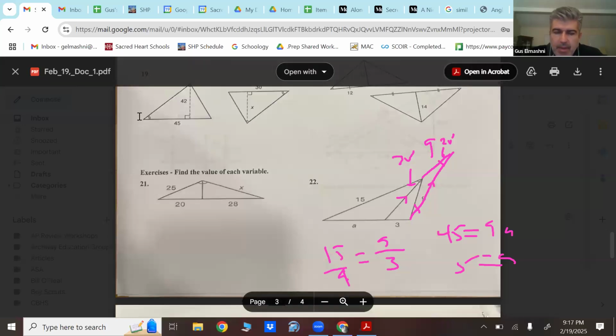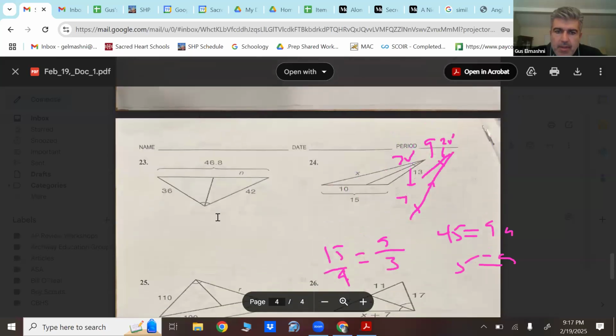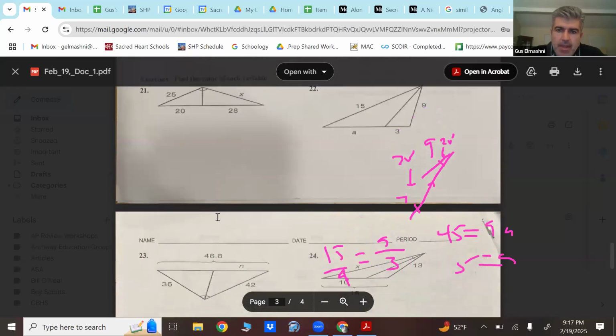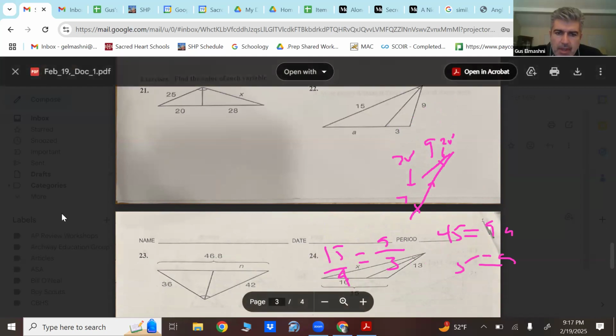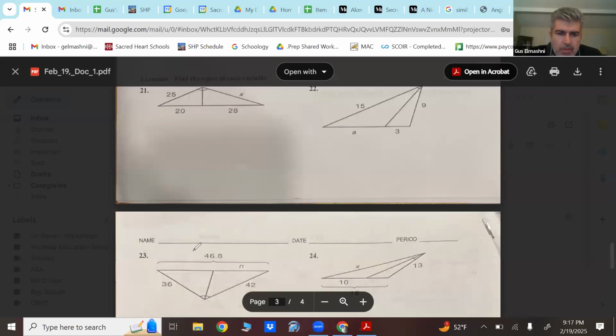So A over 3, 15 to 9. In this case, if I do something similar, yeah, so I could say then call this 46.8 minus n.